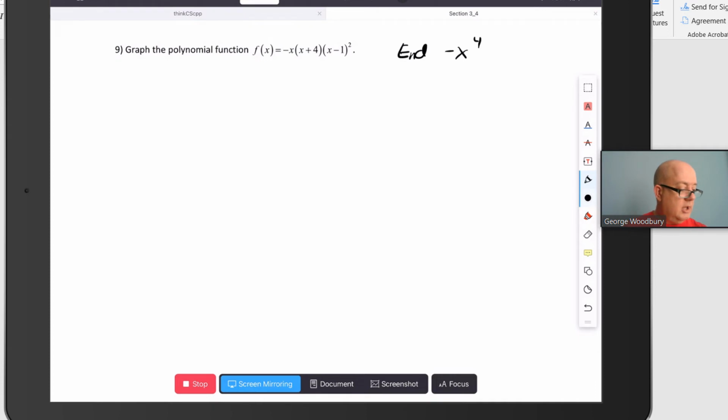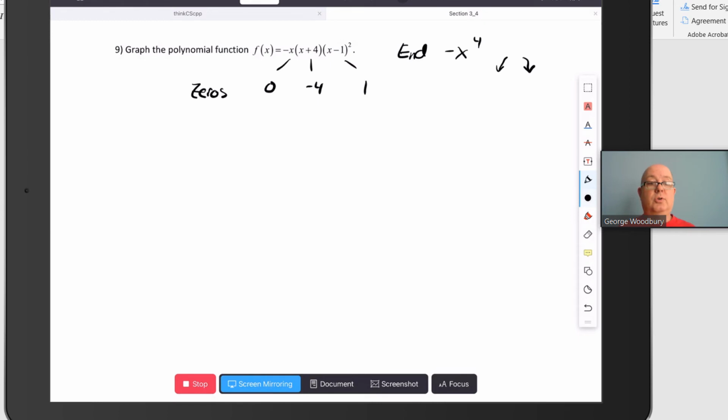So we know that it's going to look kind of like a parabola opening downward. X to the fourth is like x squared, just everything's going to be much steeper in the decline. Right. The zeros. X equals 0, x equals -4, and x equals +1.